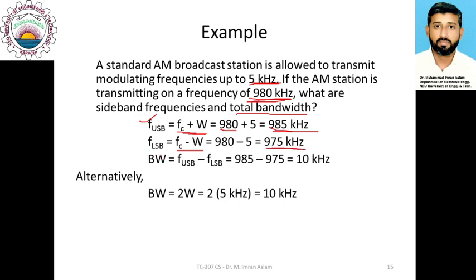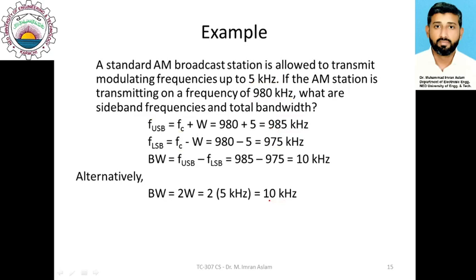So the bandwidth will be the difference of the upper sideband frequency and the lower sideband frequency. You can simplify it to get 10 kilohertz. Alternatively, we know that the bandwidth is double the bandwidth of the message signal, which is 5 kilohertz. If we simply double it, we get the same answer, 10 kilohertz.